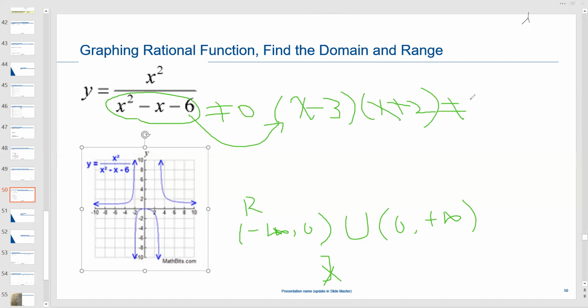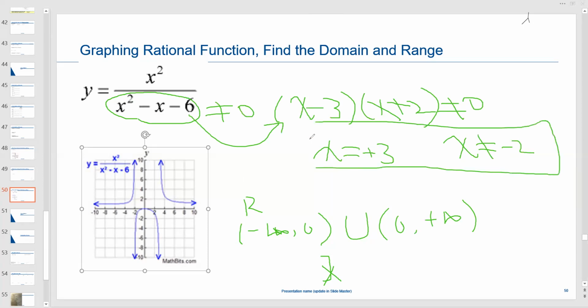So it cannot equal 0. So at least you find out x cannot equal positive 3 and x cannot equal negative 2, right? So you find out the domain. Domain is negative infinity to negative 2, and negative 2 to 3, and 3 to positive infinity, right?